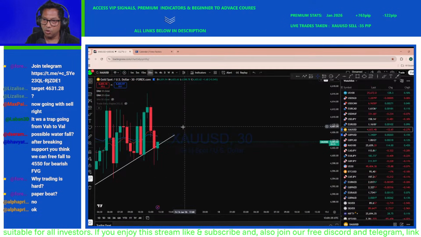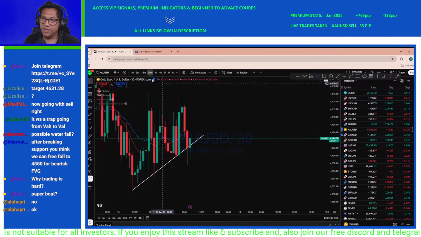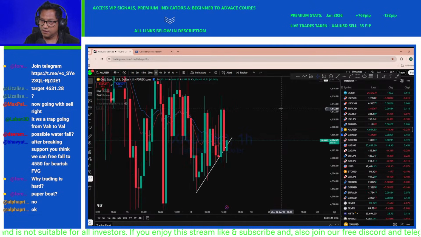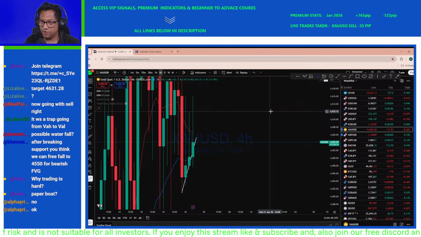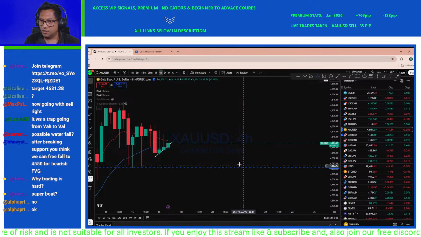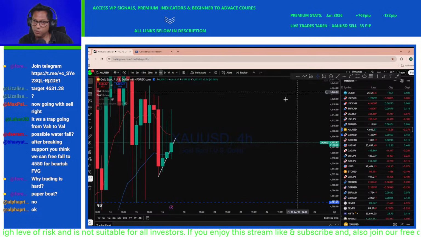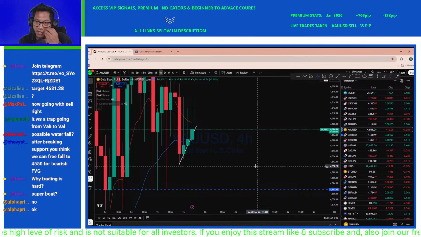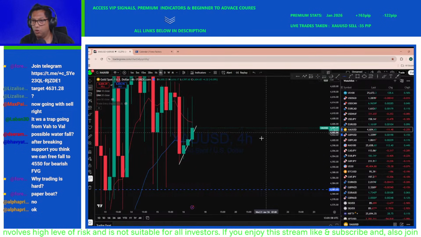Okay, with this long wick, it's trying to push that price back above here, and there's a pretty strong move that you can see from the 4-hour chart. Back to back three dojis here, and I think there is a potential for this market to break that session's low.